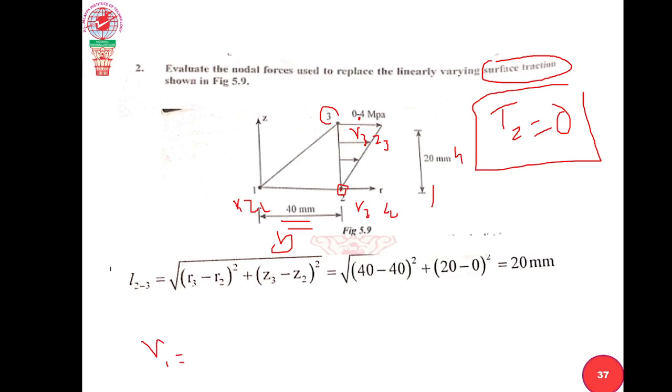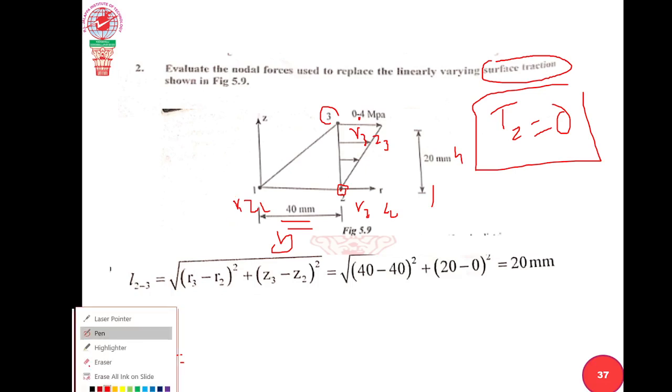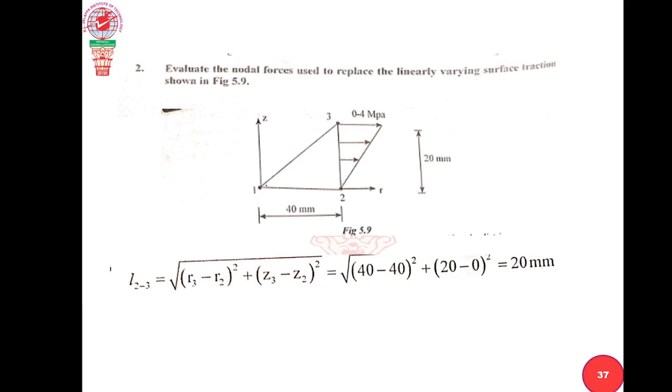Now let me write the data. R1 equals how much? R1 is at node 1. See this, it is very important. You can see the coordinate system. The global coordinate system starts with respect to node 1 only, the origin.